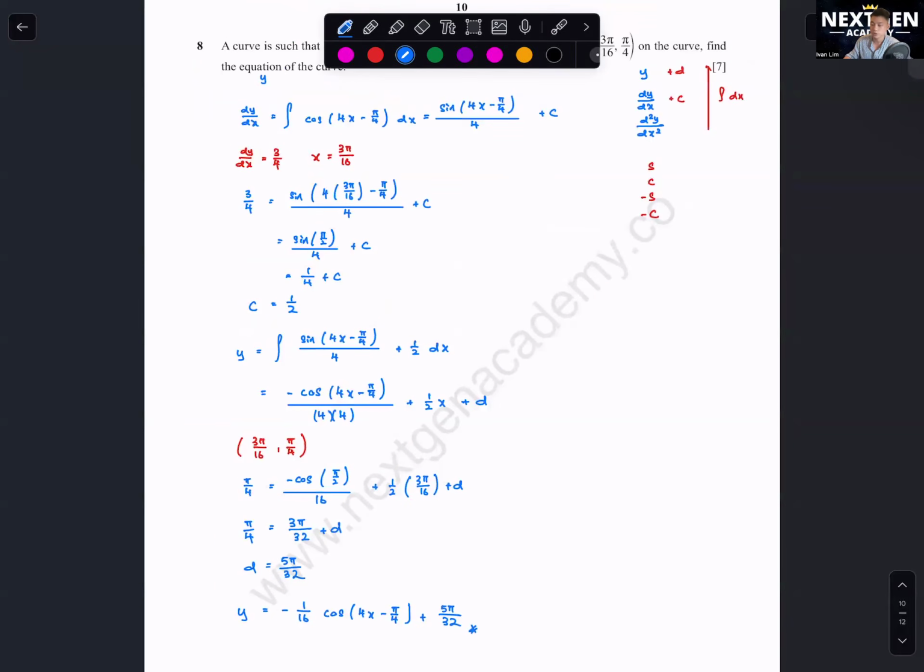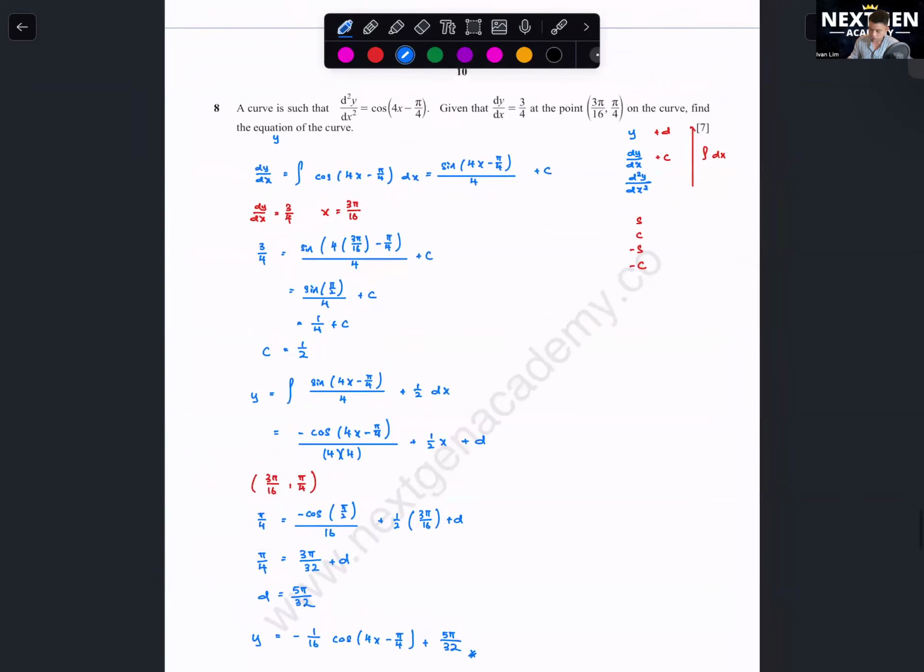Fun, this question. 7-mark question. Method always the same, correct? So in short, what you need to know over here is make sure you know how to do your integration. If good, number 8, please type 8 in the chat. Shall we move on to the next one?